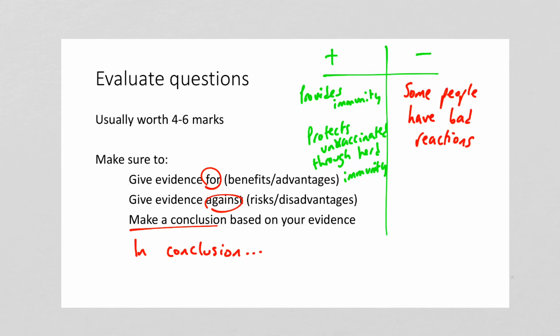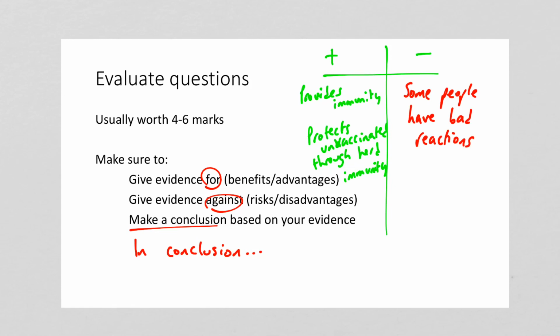You'll notice that I didn't give an equal number of pluses and minuses. You don't necessarily have to give 2 and 2 or 3 and 3. What you have to make sure of is that you are giving at least one positive and at least one negative for both sides. And then at the end, you write your conclusion.